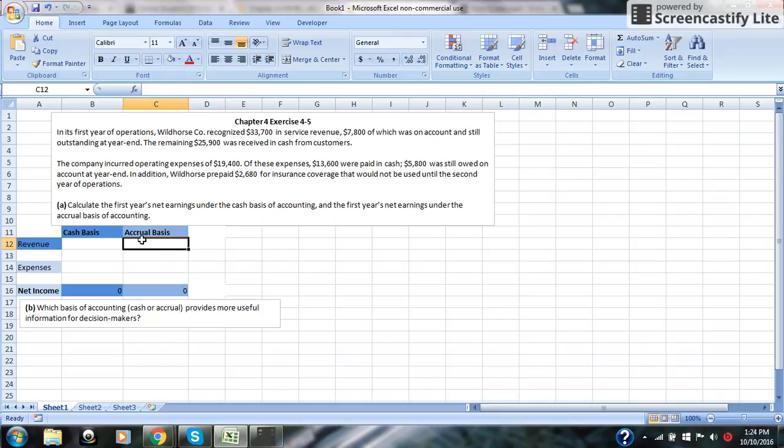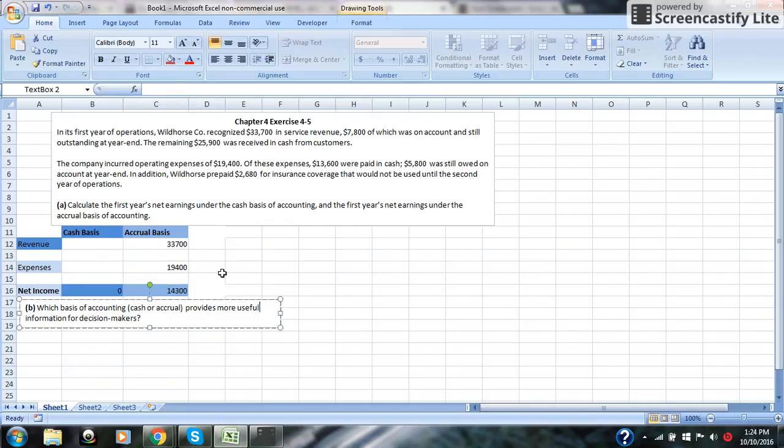We would include the revenue that they received, so $33,700, and we would include their expenses of $19,400, which gives us a net income on an accrual basis of $14,300.